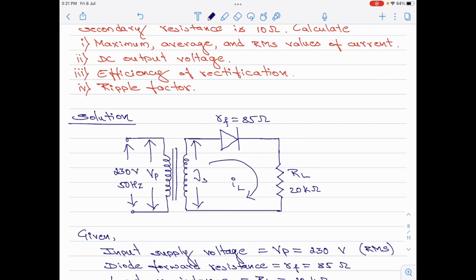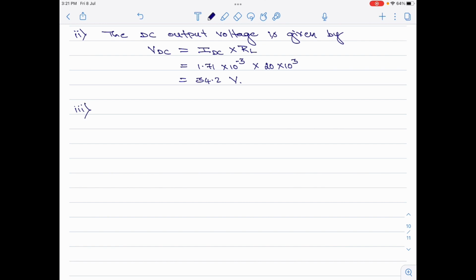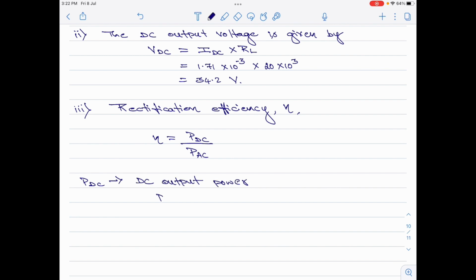Coming back to the question, part 3 is to find the efficiency of rectification. Let me now write the formula for the rectification efficiency. It is denoted by eta and is given by eta equals PDC divided by PAC, where PDC is the DC output power and is given by PDC equal to VDC multiplied by IDC.